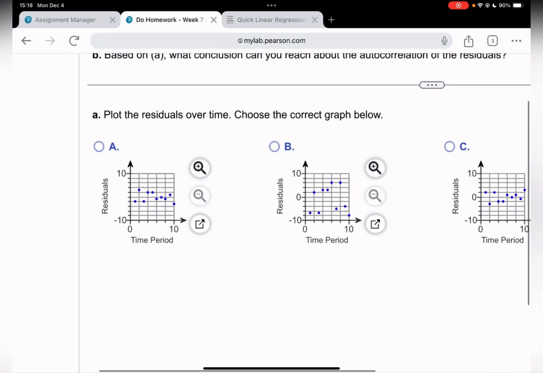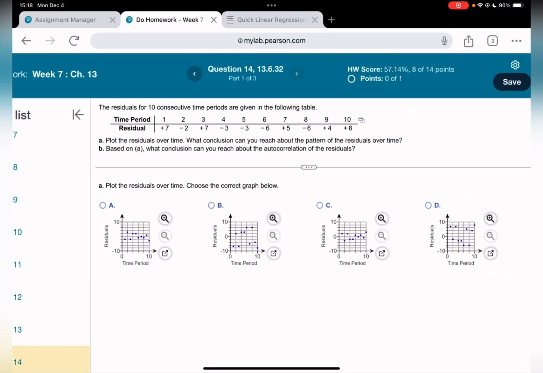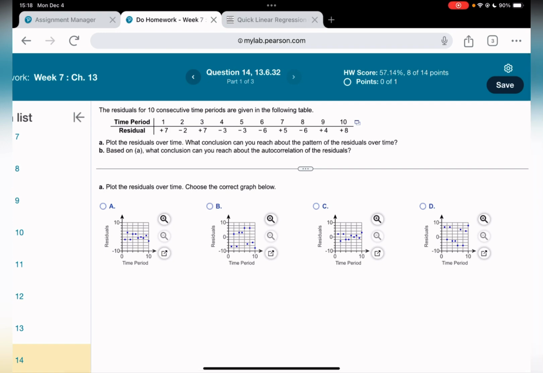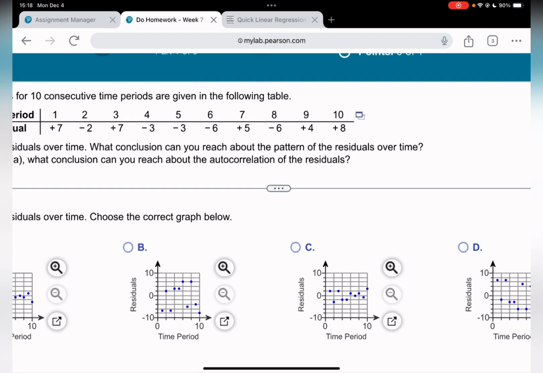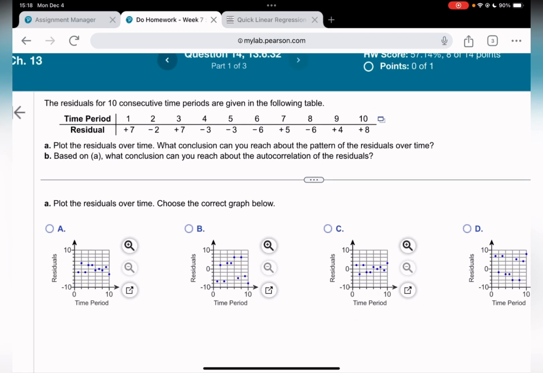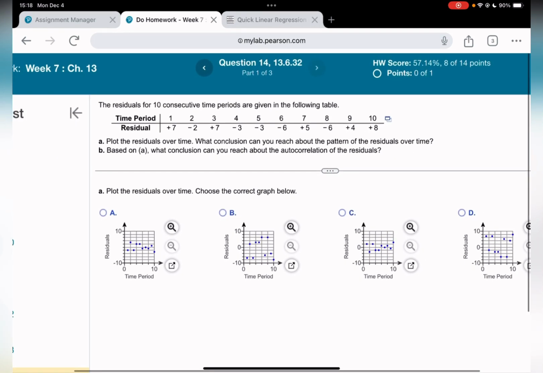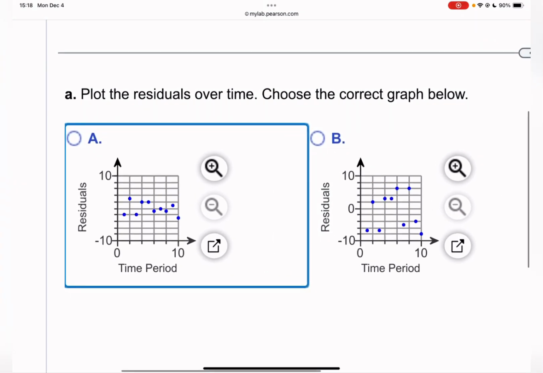So time period is going to be your x, and residual is going to be your y. You can check, let's say the last one, 10 and 8: when x is equal to 10, y is equal to 8. Do we have 10 here? At A, I'm looking, y is not equal to 8.